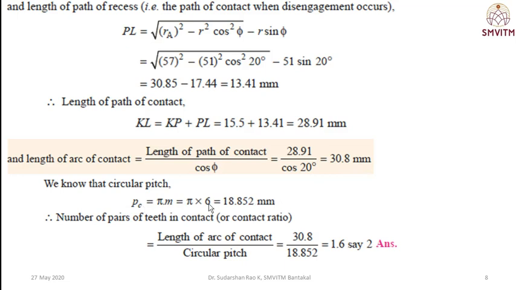Then the number of pairs of teeth in contact equals length of arc of contact divided by circular pitch, 30.8 divided by 18.85, so it is about 1.6. The contact ratio should always be a whole number, therefore it is 2. Contact ratio is 2.